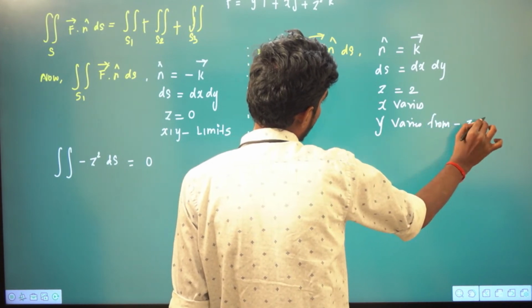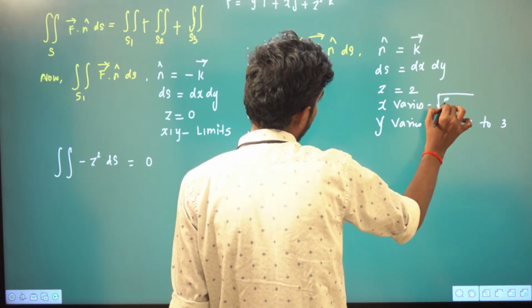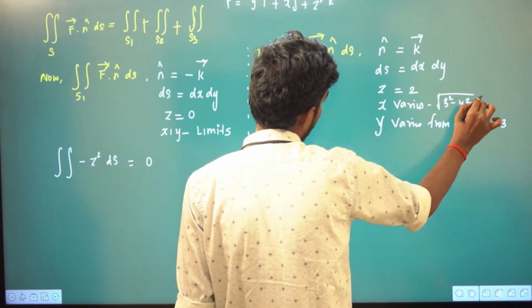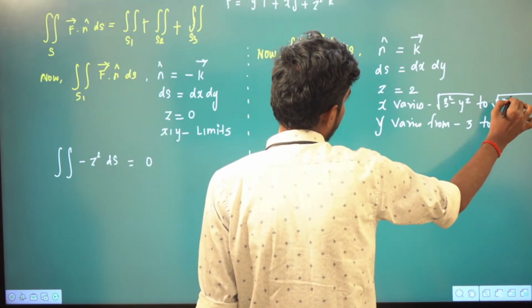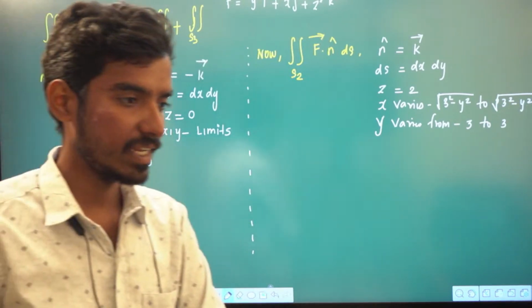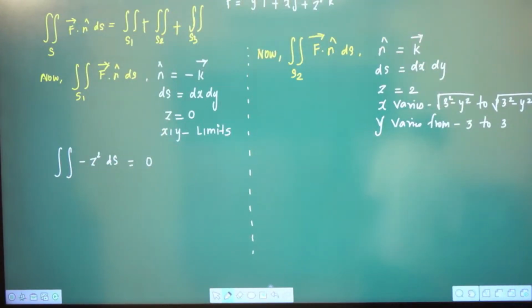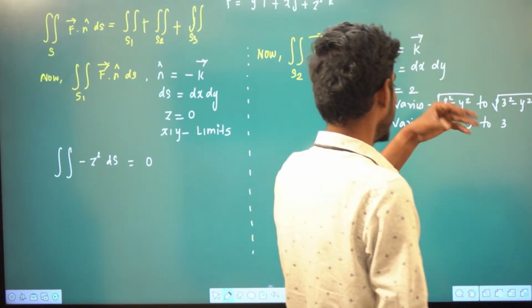So y varies from -3 to 3. x varies from minus square root of 3 square minus y square to plus square root of 3 square minus y square. See, you can also keep x varies from -3 to 3, y varies from minus square root of 3 square minus x square to plus square root of 3 square minus x square. You can also do it like that.